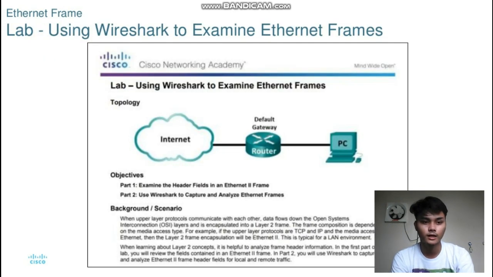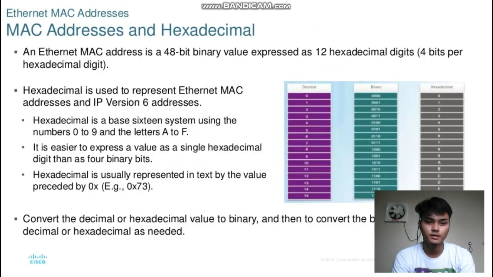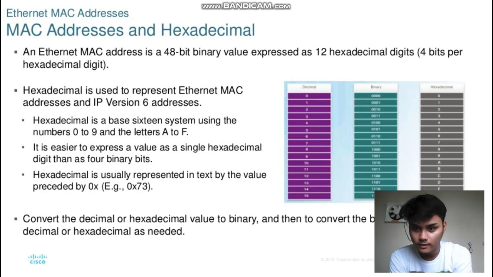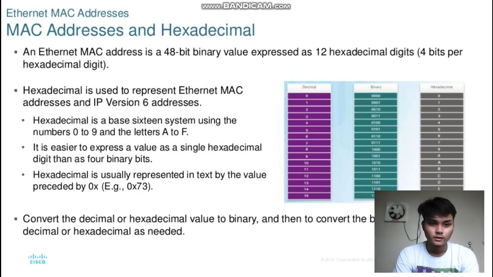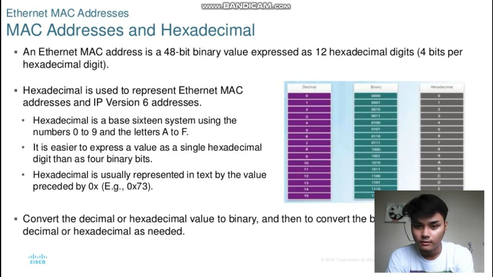We have here the lab exercise, with the MAC address and hexadecimal. As you can see, we have decimal, binary, and hexadecimal. For the decimal, we have 0, 1 up to 15, and then the binary.